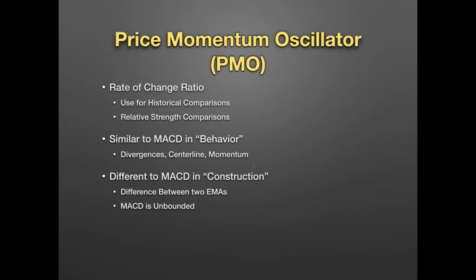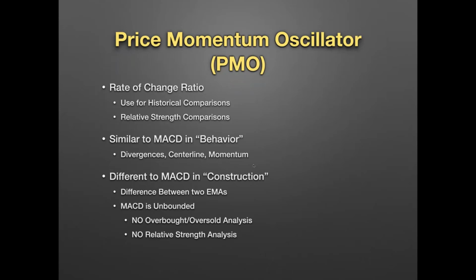The MACD is unbounded, so that's a big problem for us with the MACD, and one of the reasons we came up with the PMO. You can't do overbought and oversold analysis with the MACD like you can with the PMO. There is no relative strength analysis with the MACD.